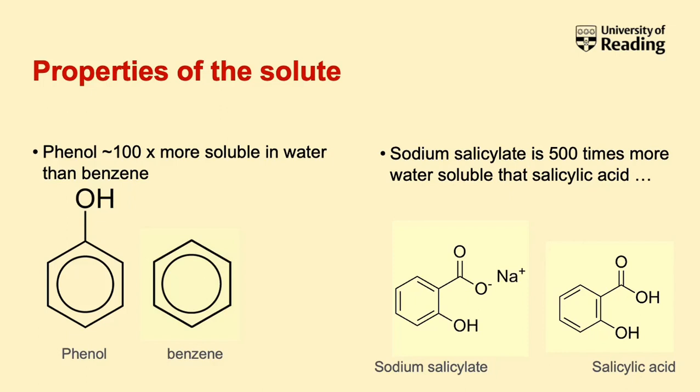Another example, sodium salicylate, is 500 times more soluble than salicylic acid, and that's due to its ionization. So the salt form there is 500 times more soluble than the acid.